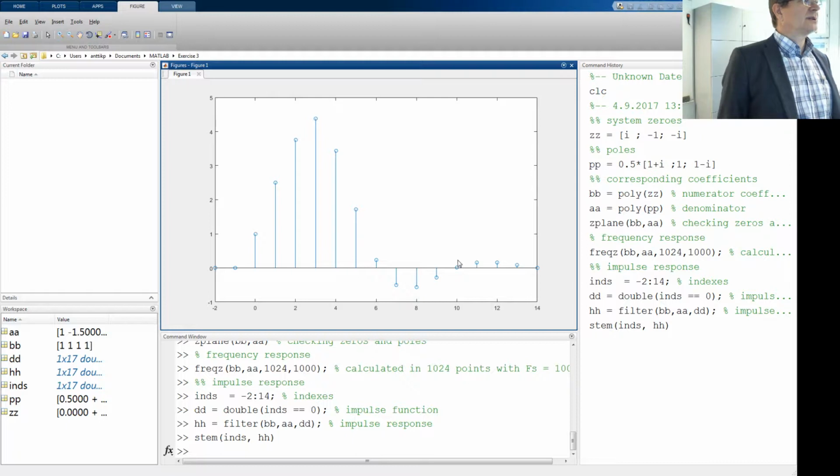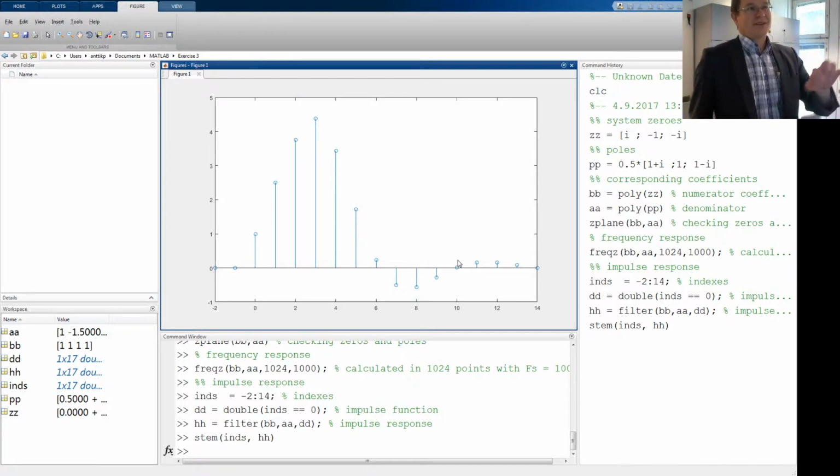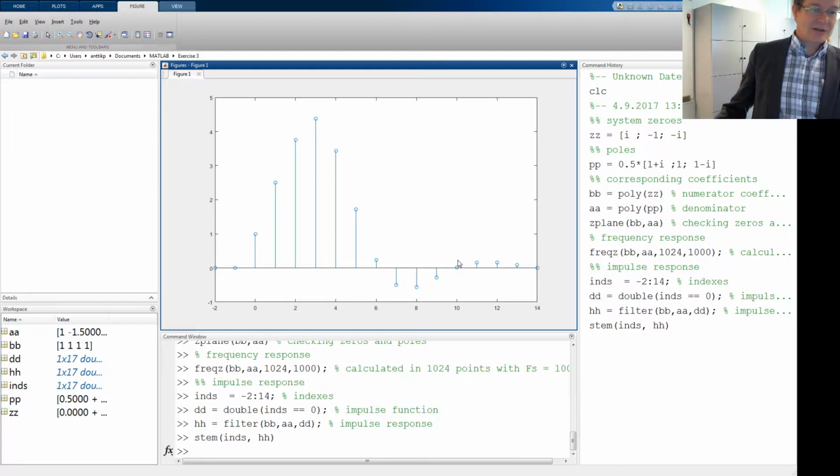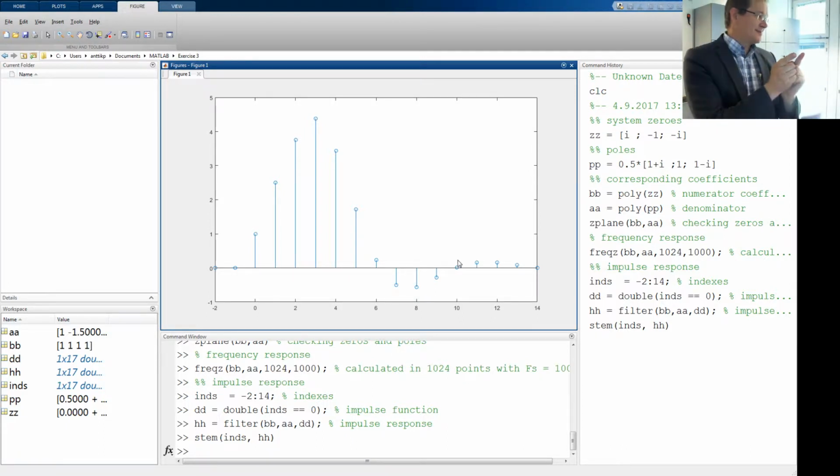And now the question is, is this FIR or IIR? What do you think? Does it stop at the 14th point? Yeah, it seems that it stops. But you don't need to look that far. There's a trick. If it's a FIR system, you take a look at how long those system parameter vectors are, and you basically define the order number from that.